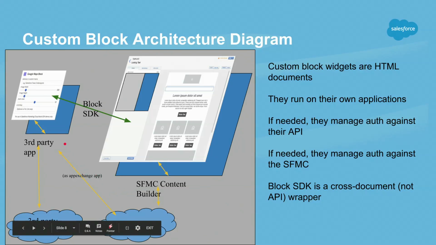But none of that is managed by the Block SDK. That is managed by the other SDKs or direct REST calls to the Marketing Cloud API. So the Block SDK is really about talking to the editor and then saving that block, sending that block, etc. That's at the discretion of the user on the Marketing Cloud side.